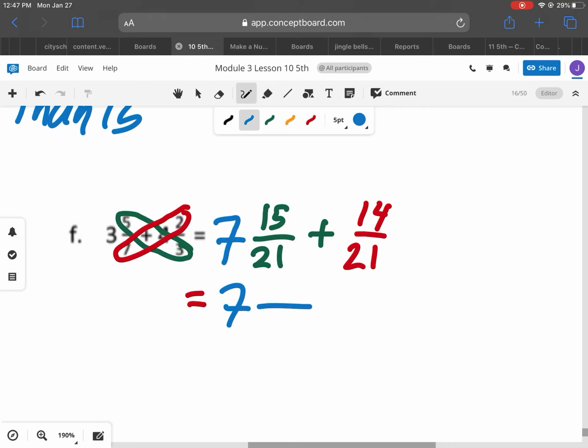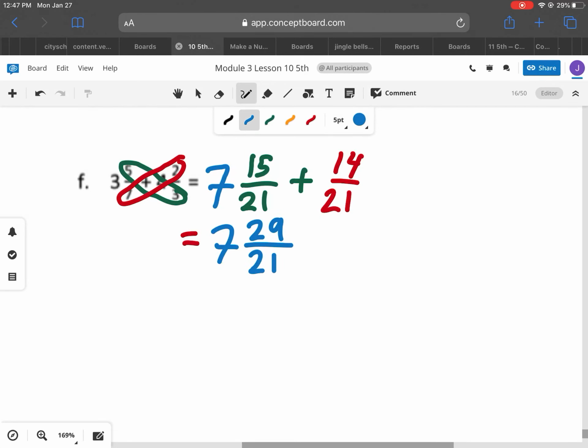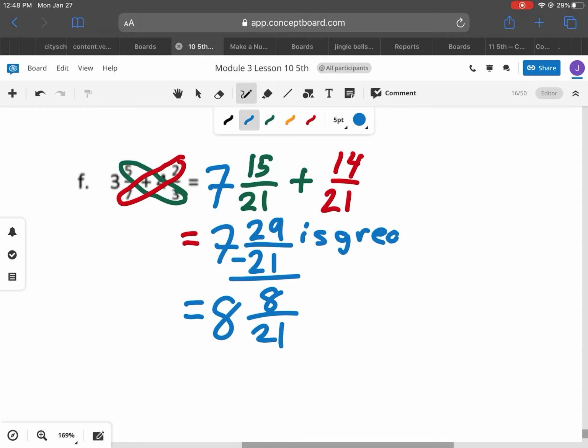So if we add those together, we get 29 21s. Okay? And if we take it another step, because we can subtract, 29 is greater than 21. So we have to do our mixed number. All right, so now our answer is 8 and 8/21.